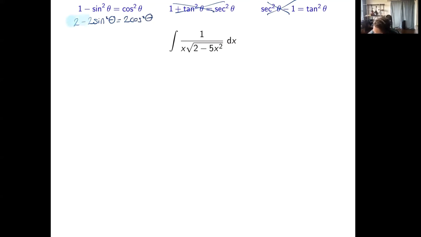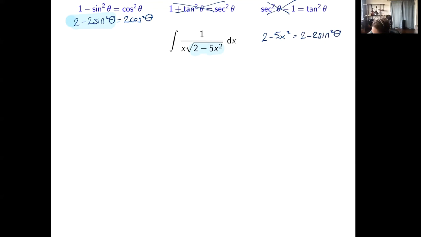Now I have these 2 things which turn into one thing. I would like these 2 things to turn into one thing as well. So my goal for my substitution is that 2 minus 5x squared should turn into 2 minus 2 sine squared theta. And so I can use this to figure out what my substitution should be.